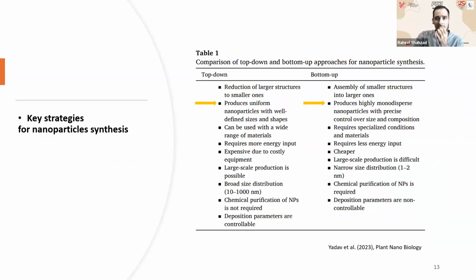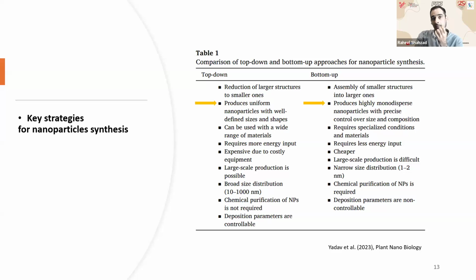A very basic difference between the top down and the bottom up is that in the top down synthesis, we can produce uniform nanoparticles with a well-defined size and shape. But if we use the bottom up, then it produces dispersed nanoparticles.